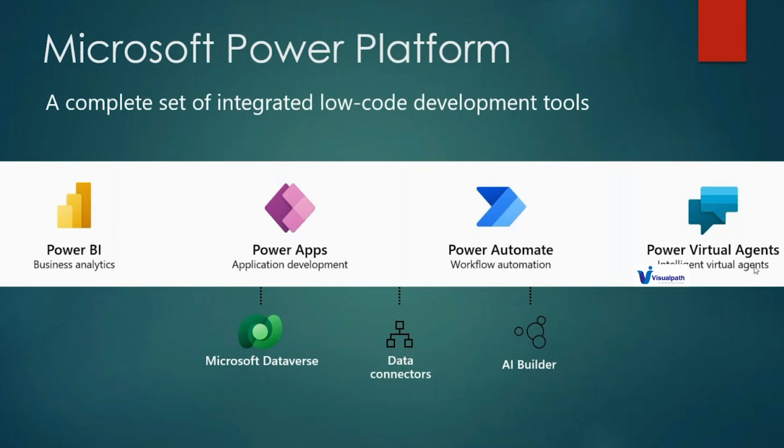Say you have a service department which interfaces with the customers. You can train a chatbot on your customer data, and customers can then interact with that chatbot, and it can provide answers to them from within that data set. So it is a very powerful tool to create chatbots for your organization.